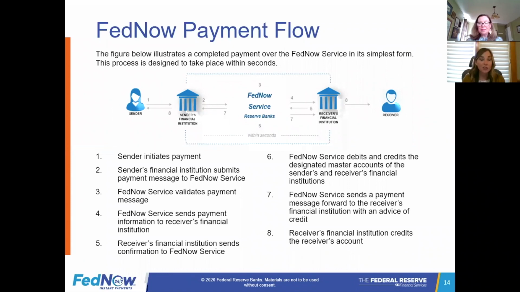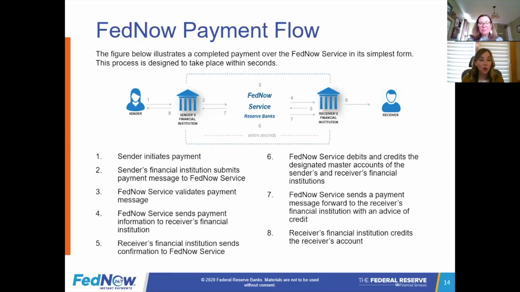The sender's financial institution is responsible for screening the payment according to its internal processes and requirements. That's the first step. Then in step 2, the sender's financial institution submits a payment message to the FedNow service. In step 3, the FedNow service validates the payment message, and this could be, for example, by verifying that the message meets certain format specifications.